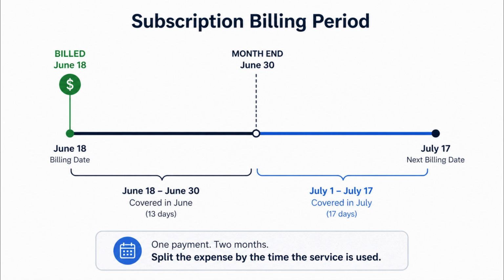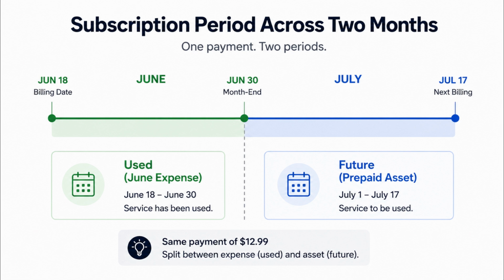So here's the issue. Your subscription runs from June the 18th to July the 17th. But your financial reporting is June the 1st to June the 30th. And these don't match, which means one payment spans two periods. I know what you're thinking, ugh. So let's break it down.